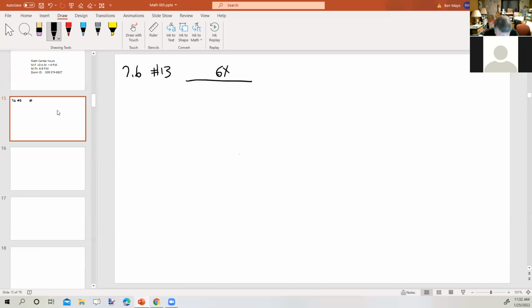6x over x squared plus 6x plus 7 plus 7 over x plus 7 equals 1. Okay, now to find the least common denominator, we're going to factor this denominator. Let's see here.